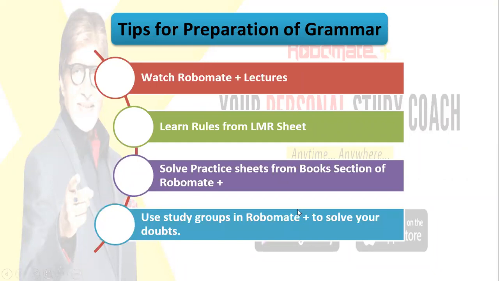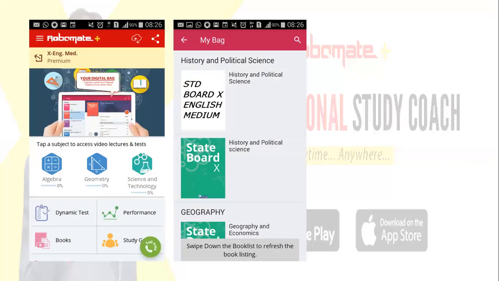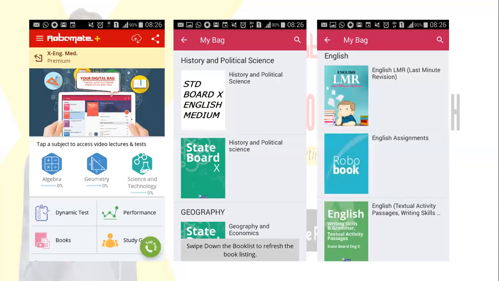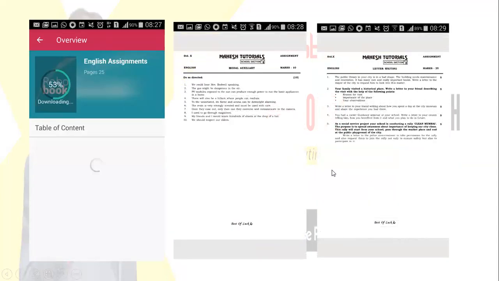And then you can also talk about these doubts in the Robomate application forum that we have. So this is my bag, as we all discuss, with all the books related to different concepts that we have here. We have been discussing this all the time. Then also, if you want to practice any writing skill like letter writing and grammar like modal auxiliary, you can have the worksheets ready over there in the Robomate application itself.